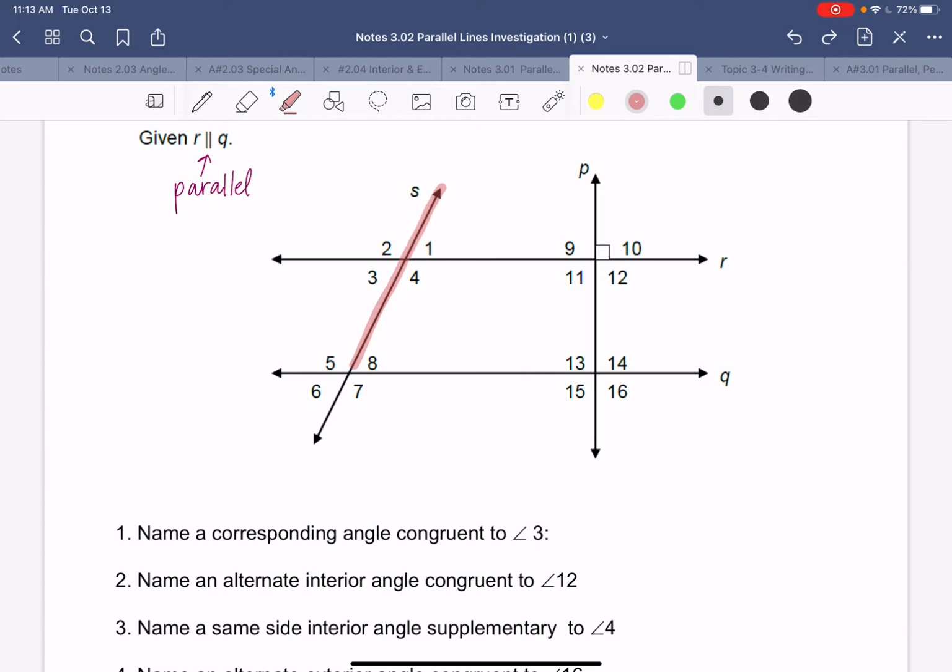We have transversal S and we have transversal P. So we have to be careful here. We have to make sure we're not jumping transversals. And let me tell you what I mean by that.